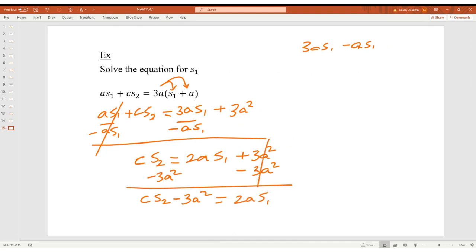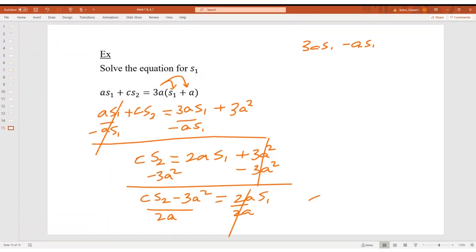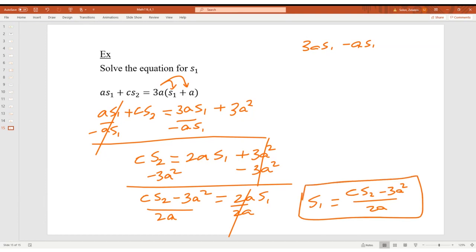Again, I see multiplication by 2A, so I have to divide by 2A, all of them, here and here. So S1 is (CS2 minus 3A squared) over 2A. Okay, that's the final answer.